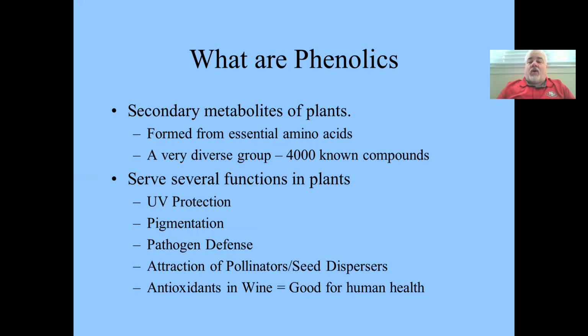And so they help protect the plant. And so they are a natural form of pesticide that is made by the plant. Some phenolics actually attract pollinators and seed dispersers, organisms that will come. They'll smell the phenolics, they'll detect the phenolics and come and either pollinate or eat the fruit that they have smelled and then spread the seeds in the process.